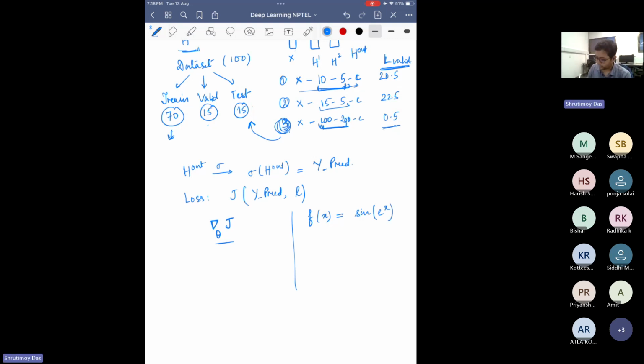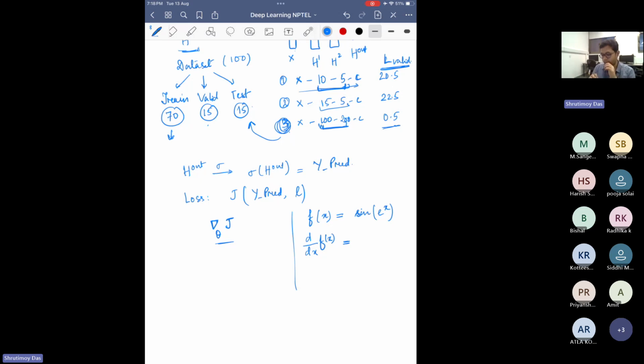I want you to compute the derivative of f of x with respect to x. Anyone, quickly, what is the answer? Sine e power x into e power x.